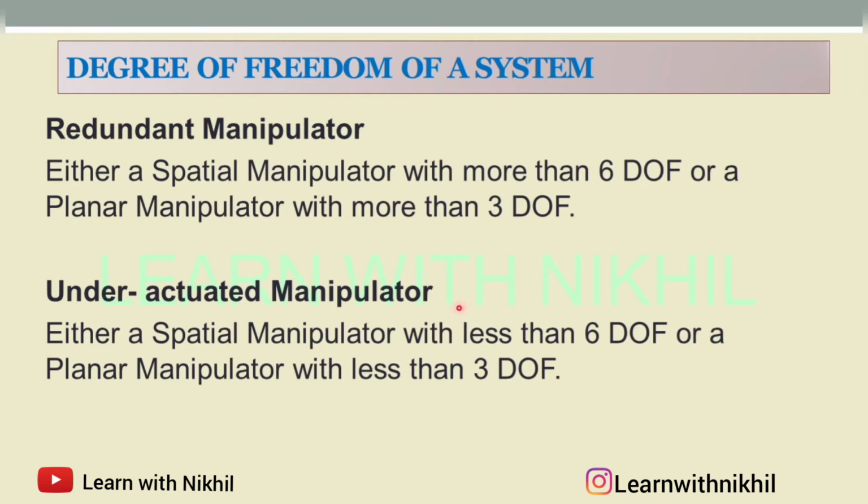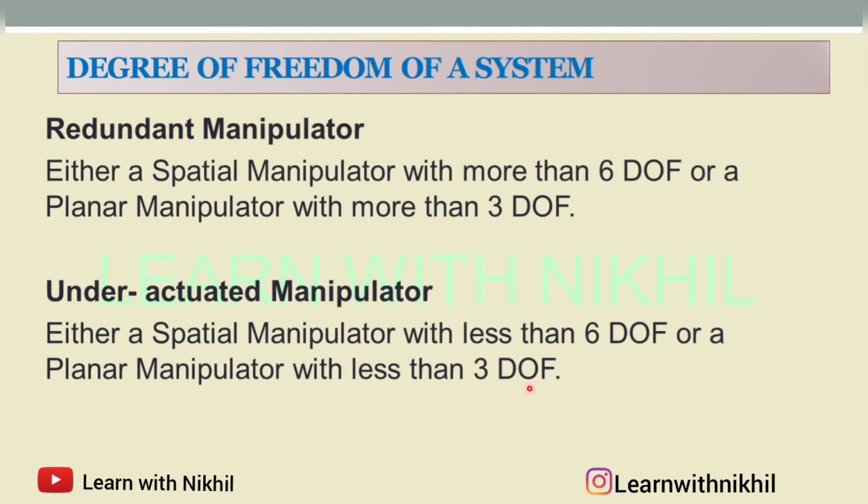Now what is an underactuated manipulator? Either a spatial manipulator with less than 6 degrees of freedom, or a planar manipulator with less than 3 degrees of freedom. For a spatial manipulator we require 6 degrees of freedom, and for a planar manipulator we require 3.